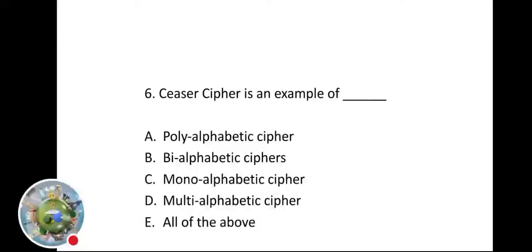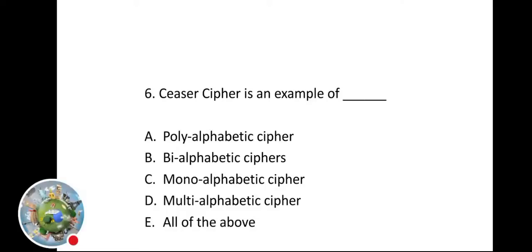Caesar cipher is an example of. The Caesar cipher substitutes the alphabets into different positions. Correct? So rearranging the letters in different orders, shifting the letters from one position to another position, but following the same method continuously for any kind of problem that comes as a Caesar cipher.